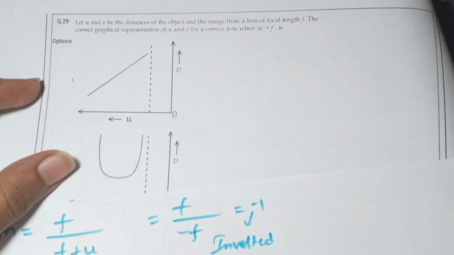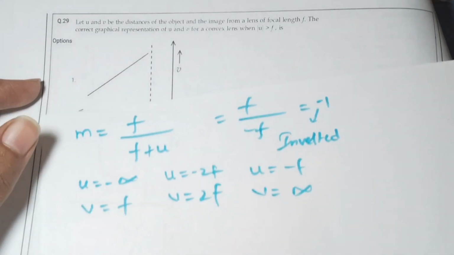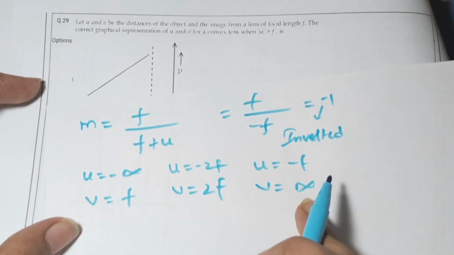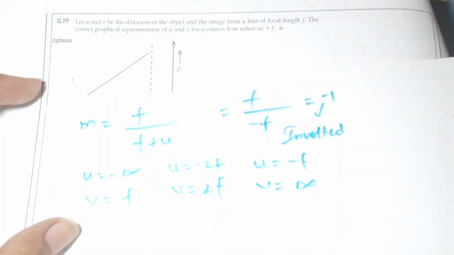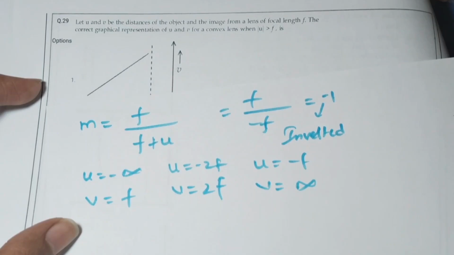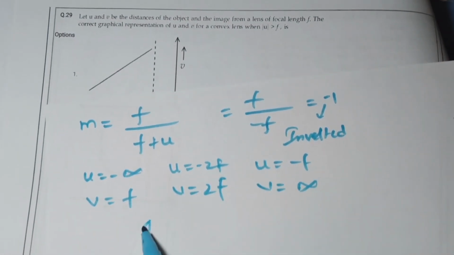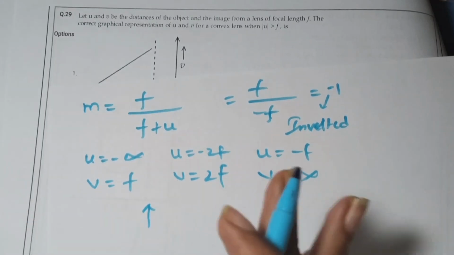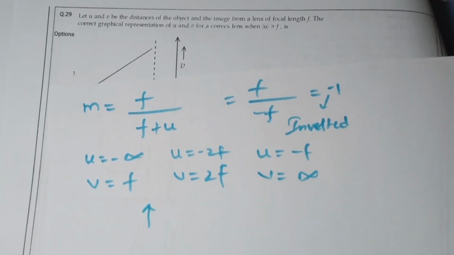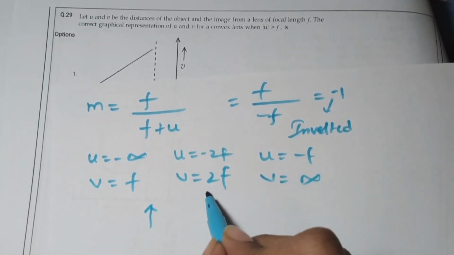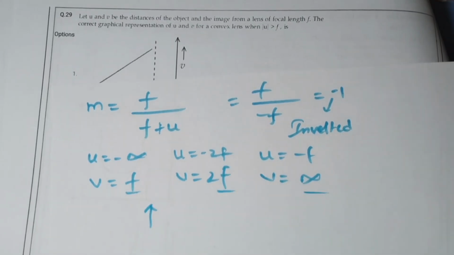At the same time, u equal to minus f, v equal to infinity. So if you observe these relations carefully, you can understand that when the object is getting closer to the focus, the image is going more to infinity.